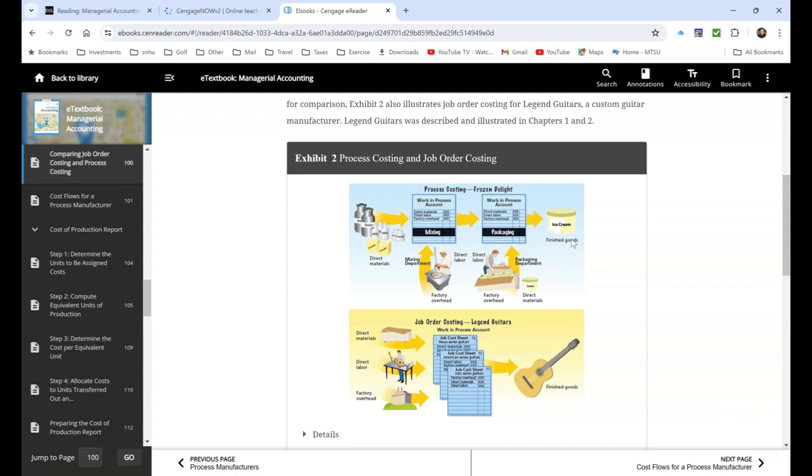Whereas the direct labor and the overhead, we're going to do what's an equivalent. So let's say that we have 1,000 units that we completed, so they're all complete, so they get 1,000. But we have 1,000 units that, of course, have all of the materials because we've already started that, but we're only 70% finished. So each unit is going to be 0.7.